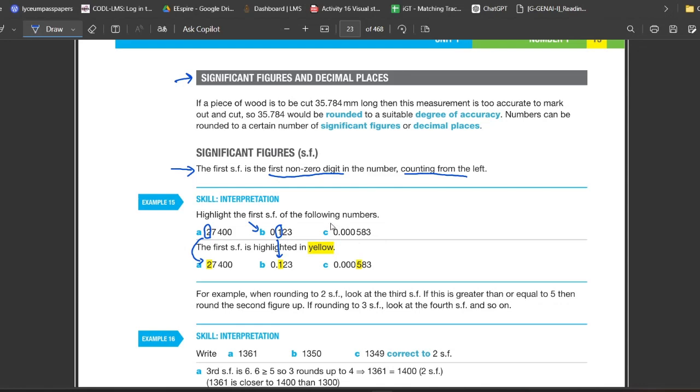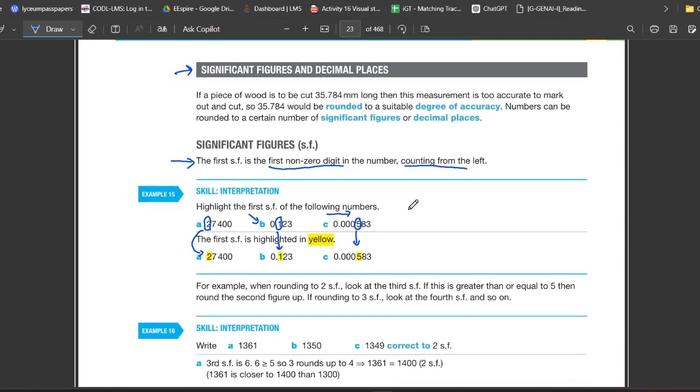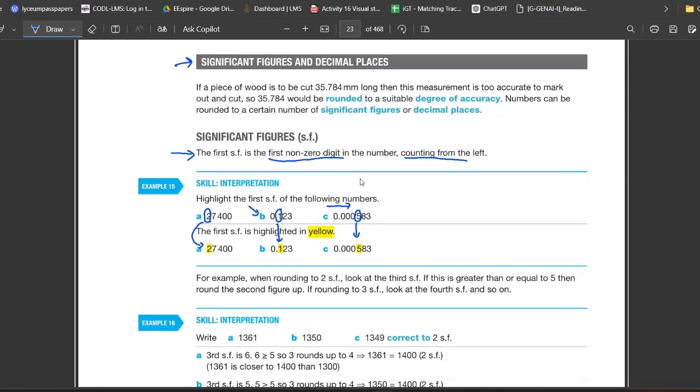So when we come to the C part, what is the first non-zero digit? That's the first significant number. That's 5, right? So that's the one they have highlighted. So when we use significant figures to round numbers, what can we do?